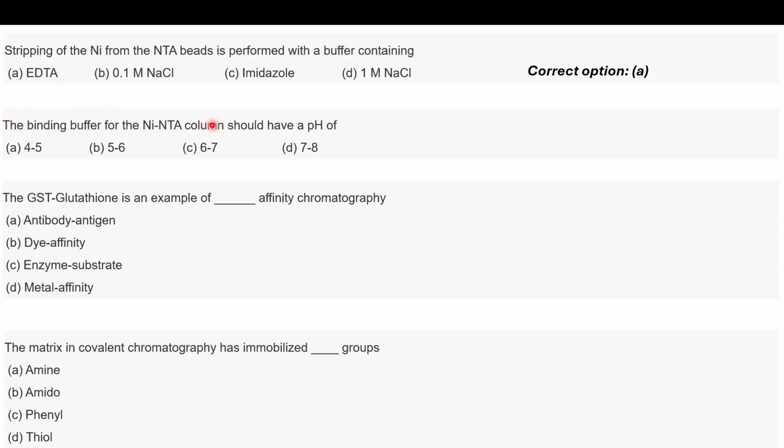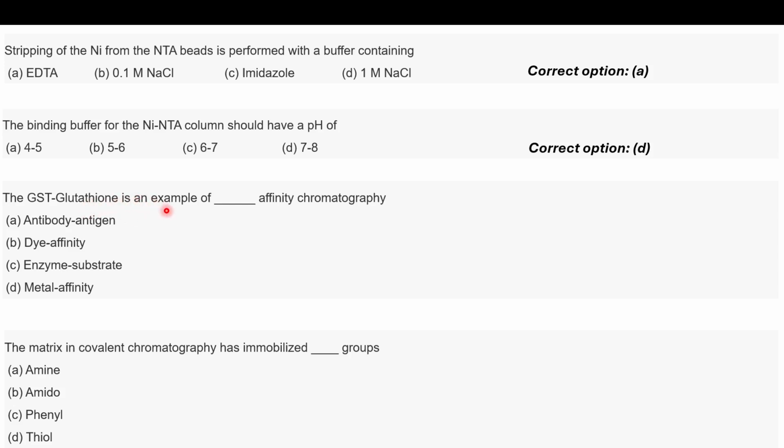The binding buffer for the nickel NTA column should have a pH of, it will be actually 7 to 8, because it needs to have that particular charge, mainly the imidazole group, imidazole ring in question. So 7 to 8 has been found to be usually the range where it will have the appropriate charge to interact with nickel ions. Okay.